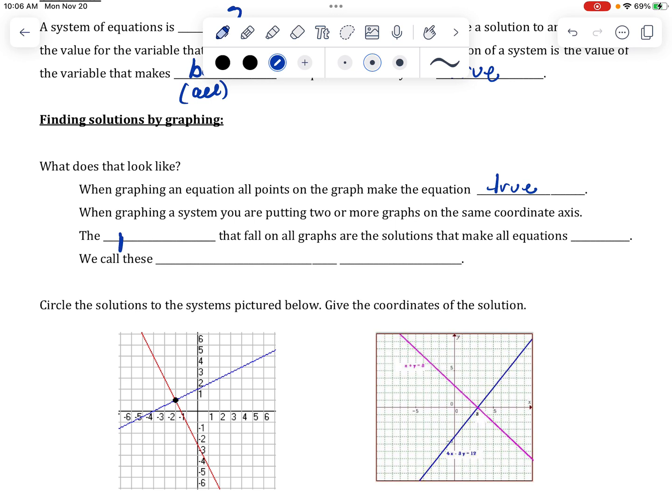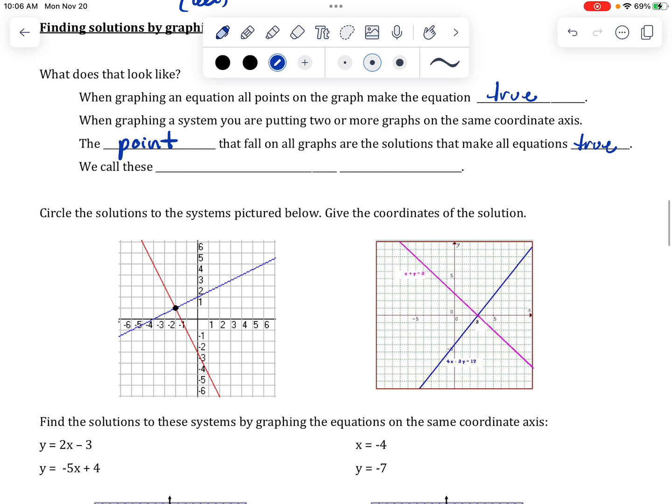And the point that falls on all graphs are the solutions that make all the equations true. And we call these the intersection points. Or the solution to the system.